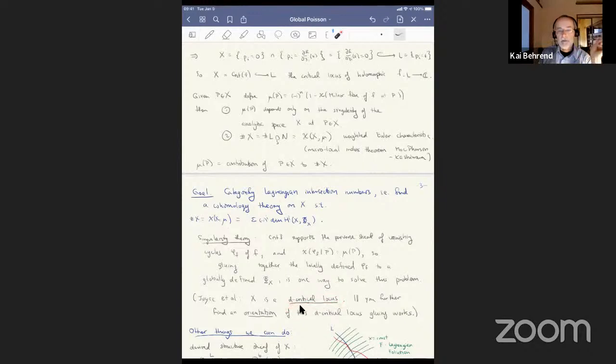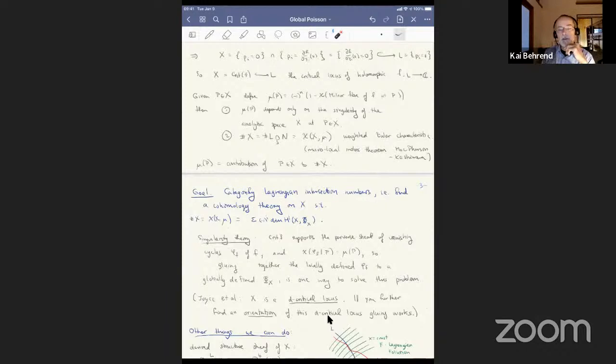I just want to mention that a Lagrangian intersection is an example of a decritical locus. And if you further find an orientation on this decritical locus, that's exactly what you need to glue together these perverse sheaves. So then this gluing works, and this is one way to go about this.